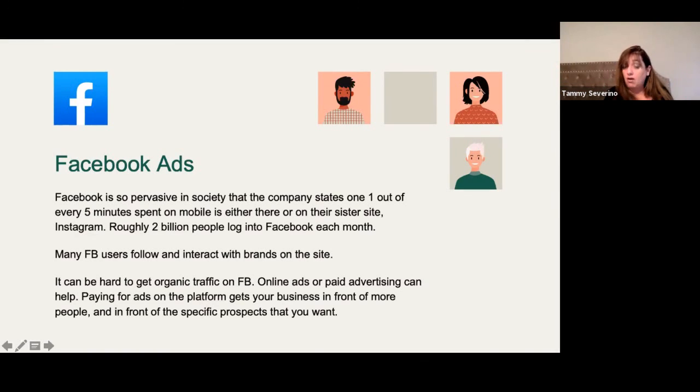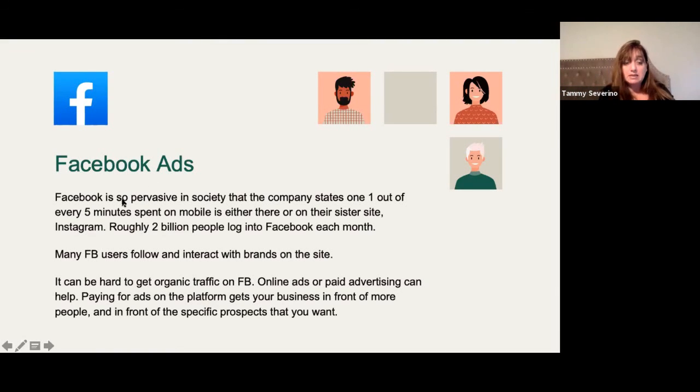Paying for ads on their platform will get your business in front of more people, but more importantly, it'll get you in front of the prospects that you want for your business. So if you are seeking people in a certain geography who are 18 to 30 years old, because that's your key demographic, you're going to find them. If you are looking for pet owners in a certain geography, you're going to find them through a paid advertisement with Facebook.